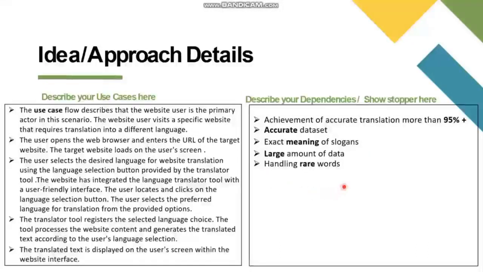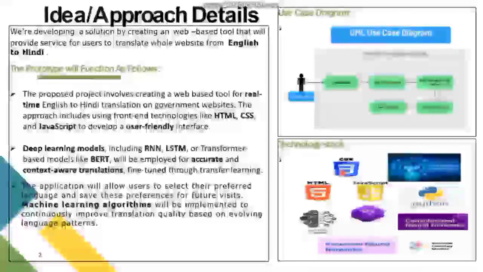So handling those words may be difficult. For that, we also use different technologies which will predict the meaning of that word and reduce the error. So here we will be discussing the technologies that we have used.